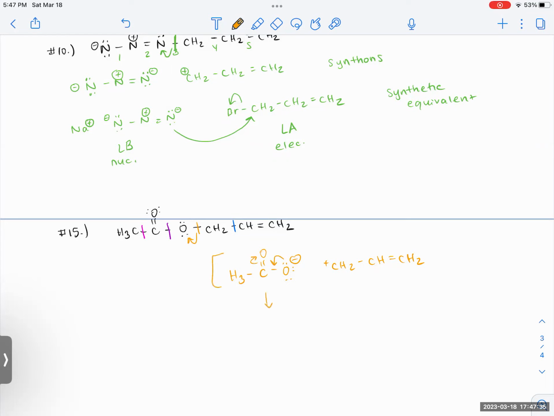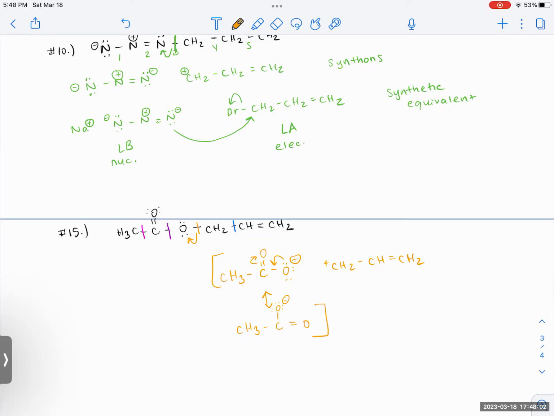So this is also resonance stabilized. I forgot to write carbon. It's supposed to be CH3. Right, so that is resonance stabilized.